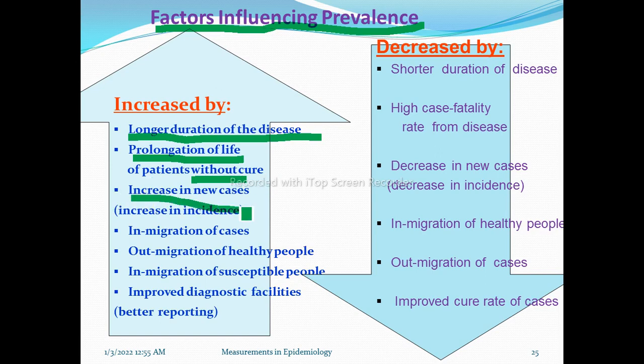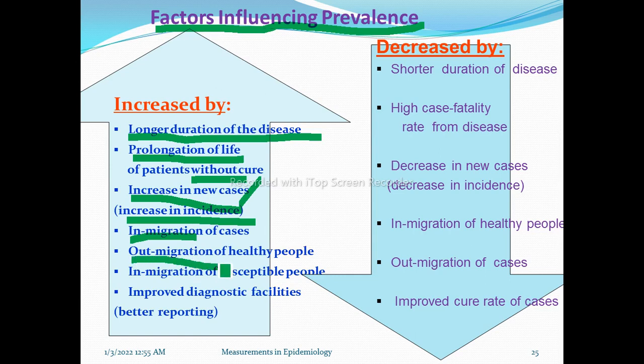The other is increased new cases or increased incidence. If there are new cases, the prevalence will also increase, because prevalence includes new cases plus existing cases. The other is immigration of cases. Immigration means some cases are added from outside the country to inside the country, or from outside the community to inside the community.